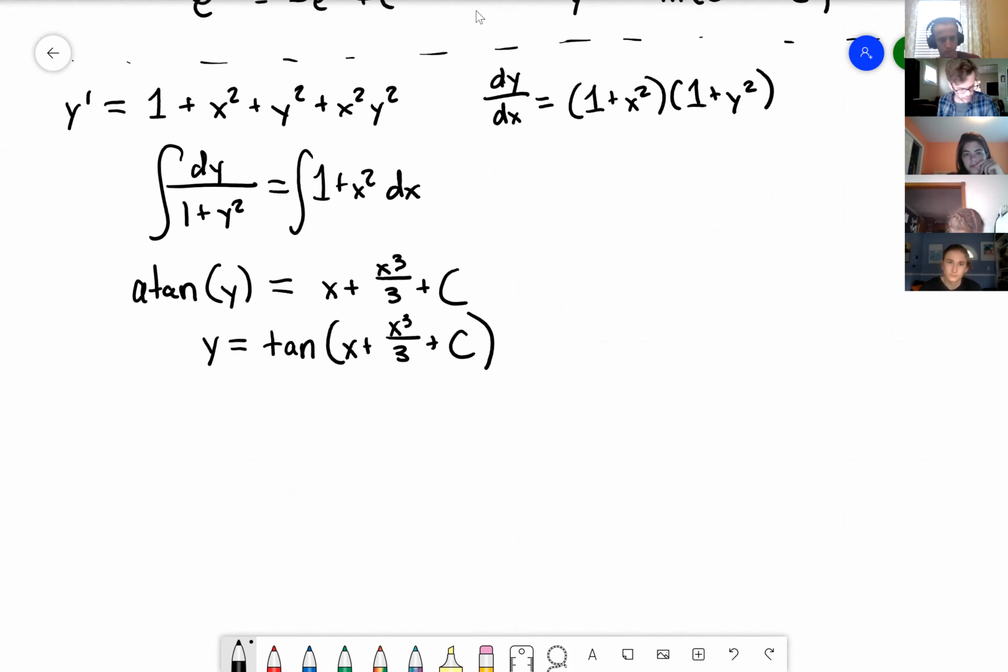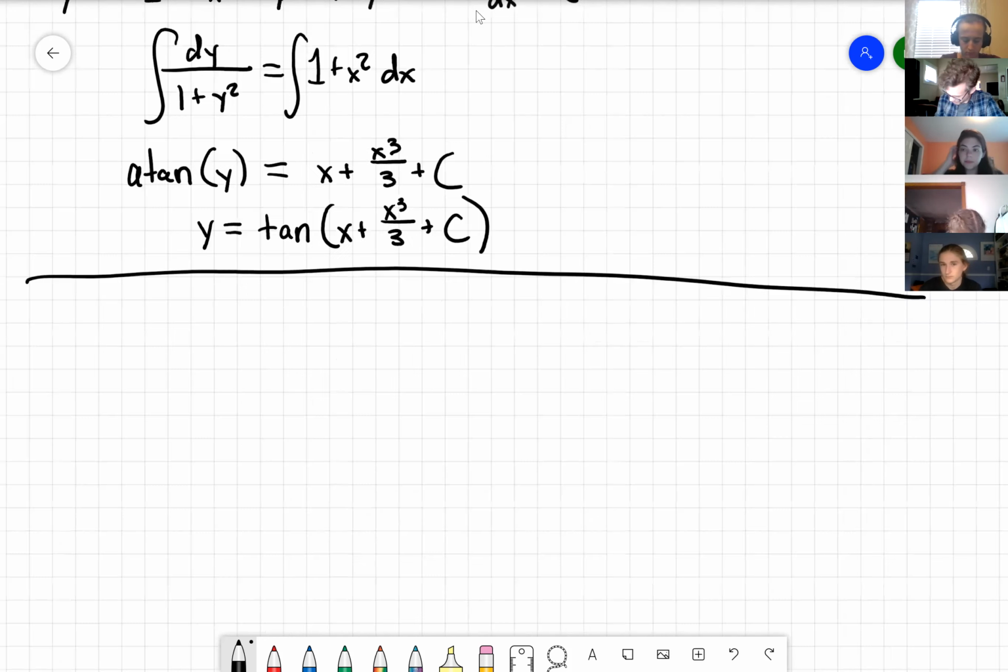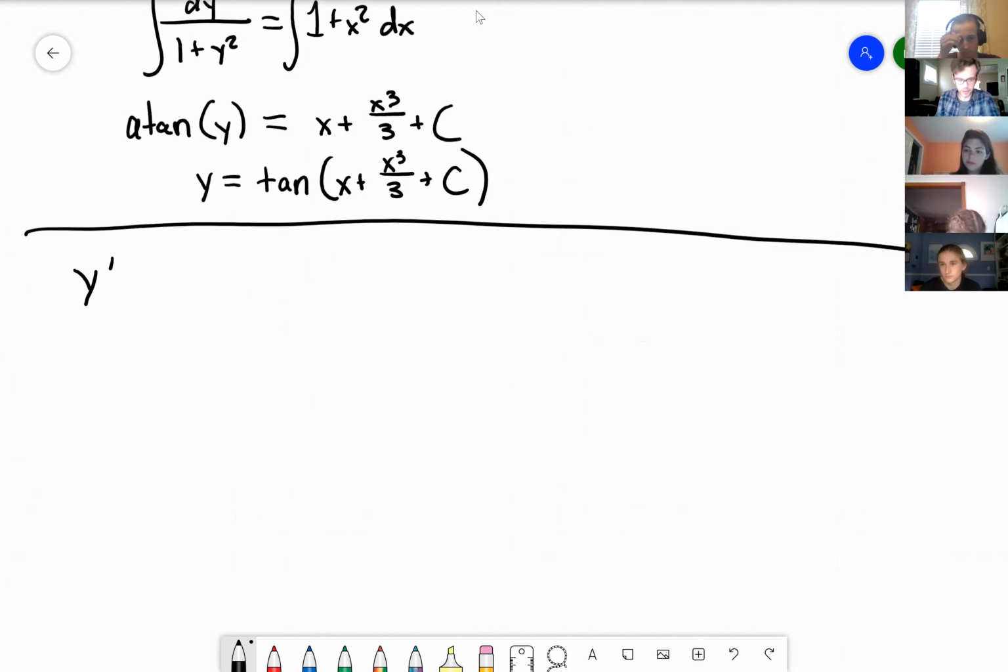Okay, let's try one. I'll just do this one myself, sort of in the time that we have left. y prime is equal to minus x over y. I'm going to write this as dy/dx.